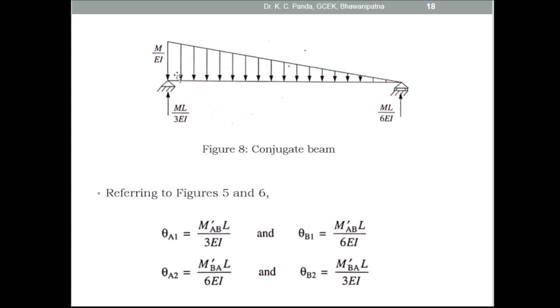When the moment is acting at the end A, due to that moment, this is the rotation theta A1 and theta B1.